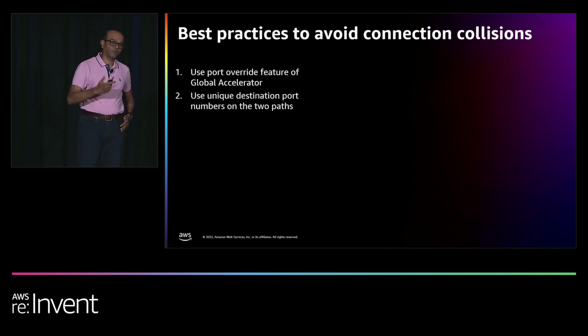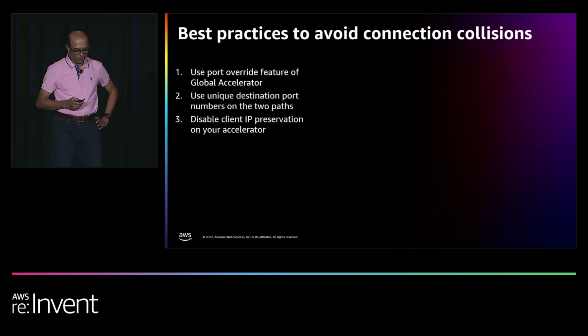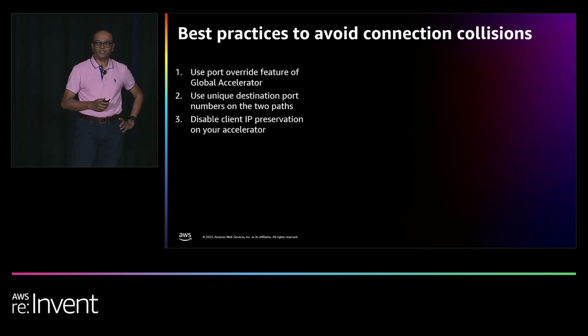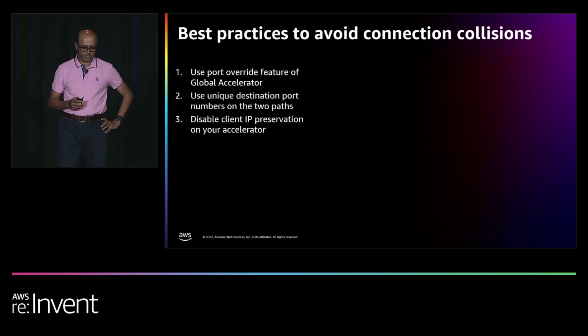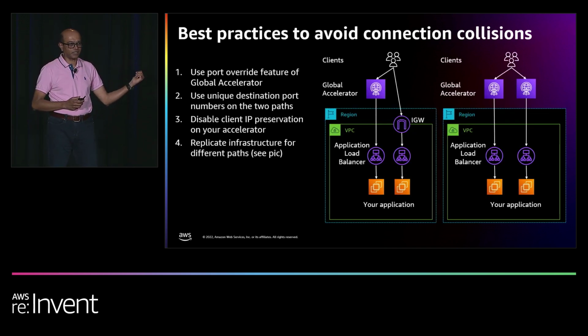Or if you have the ability to influence the client, use unique destination port numbers on the two paths. You can also disable client IP preservation. I recognize this may not always be a choice, but it is an option. Or as you saw in the journey that Okta did, you can replicate the backend infrastructure for those two paths. And hopefully this is something that's temporary as part of your migration.